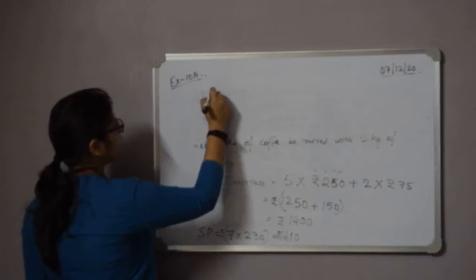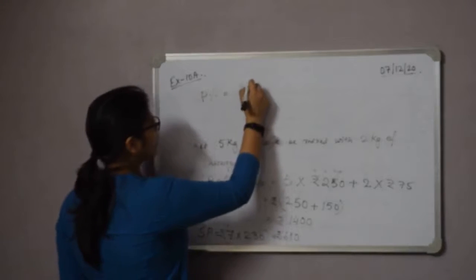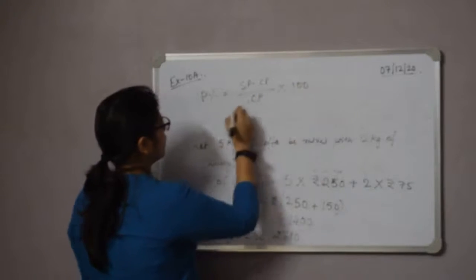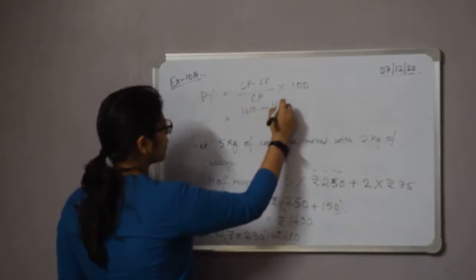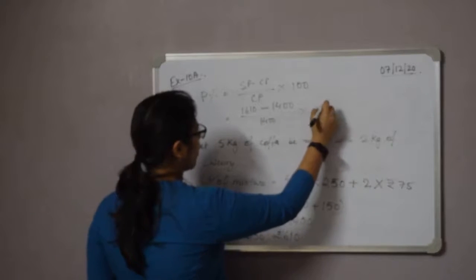So profit percent is how much? Profit is selling price minus cost price by cost price into 100. So selling price is 1610 minus 1400 by 1400 into 100.